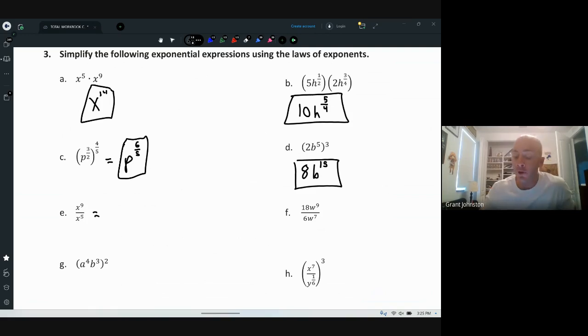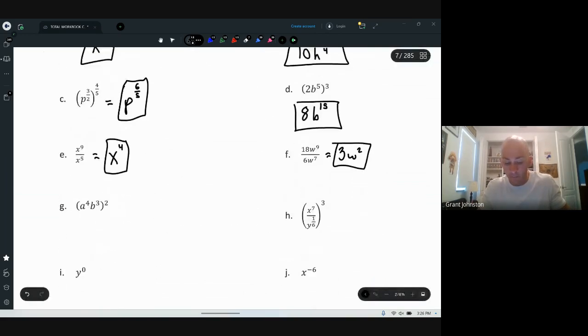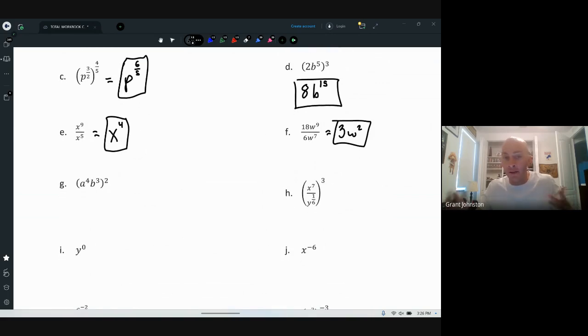On letter E, we subtract the exponents. This is going to be x to the 4th. We divide the coefficients on F. 18 divided by 6 is 3. Then we subtract the exponents. 9 minus 7 is 2. On G, we're just raising it to the power, so it's that multiplication, except we've got 2 variables there.